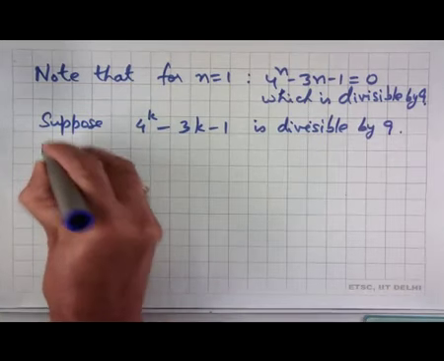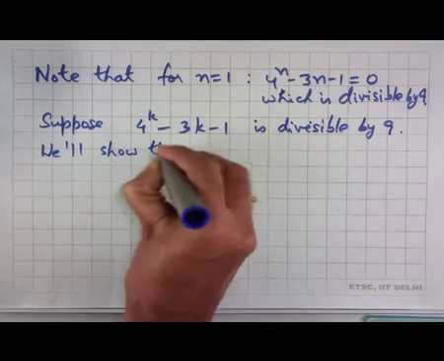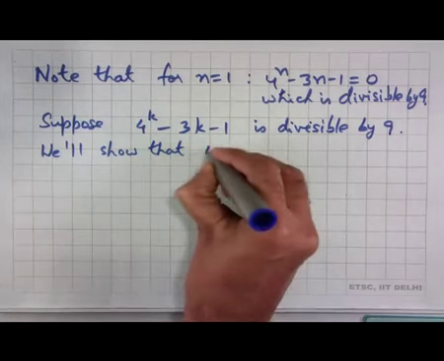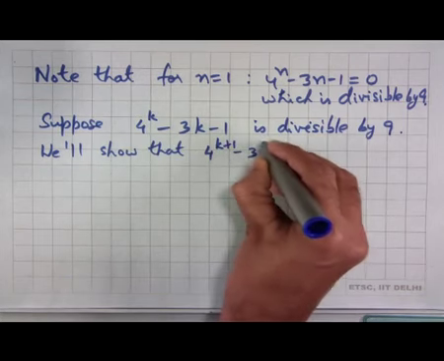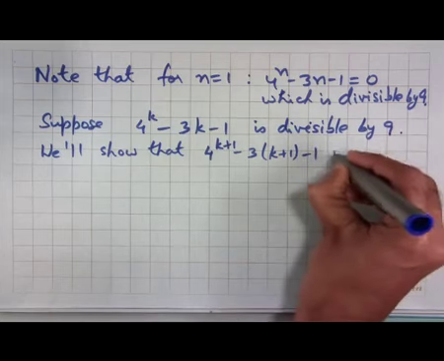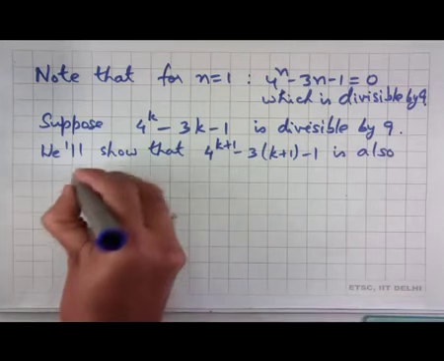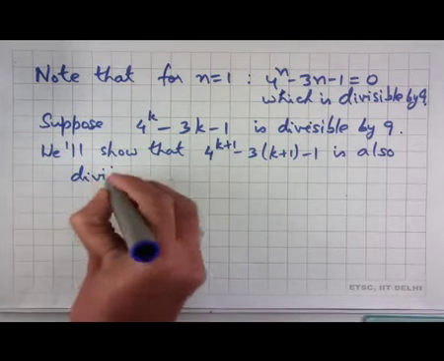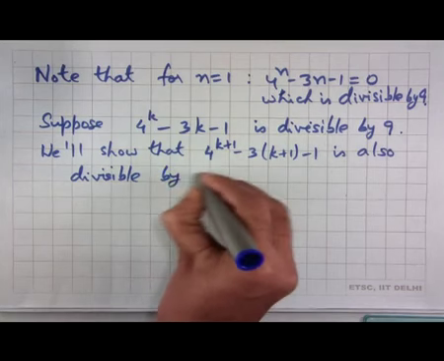We will show that 4 to the k plus 1 minus 3(k plus 1) minus 1 is also divisible by 9.